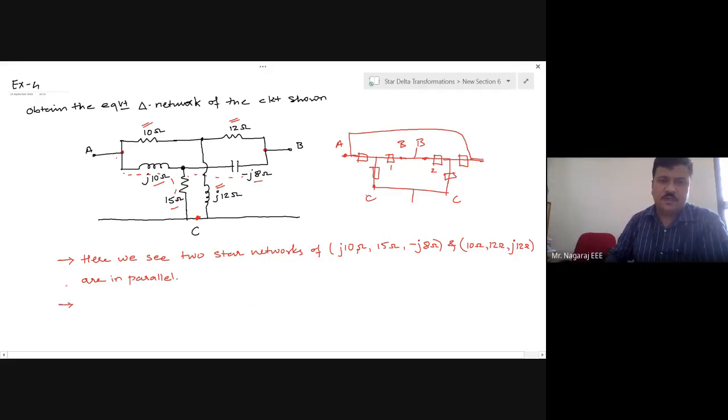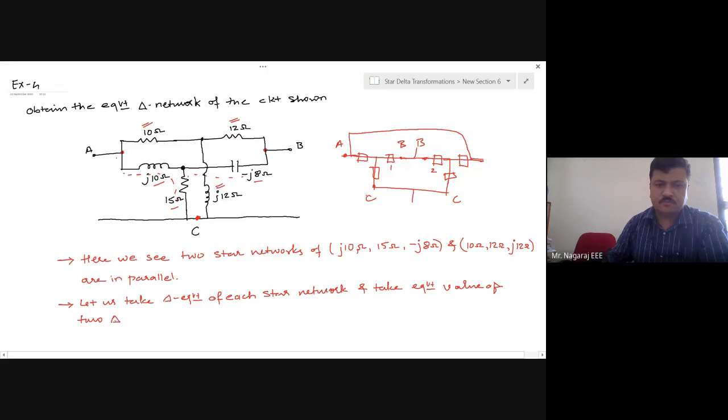Next we will proceed in such a way that let us take delta equivalent of each star network and take equivalent value of two delta connected networks.